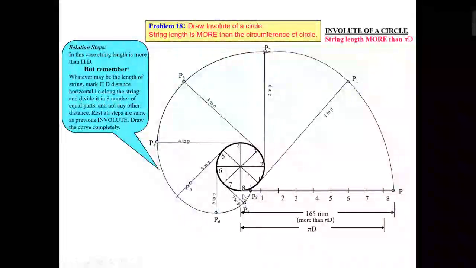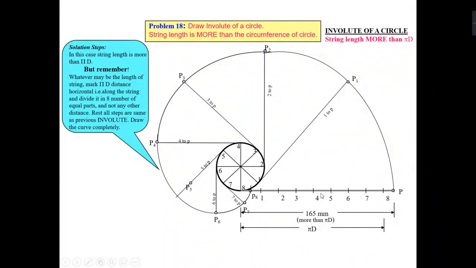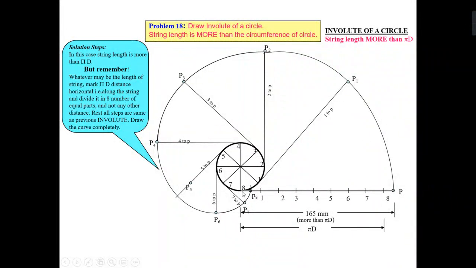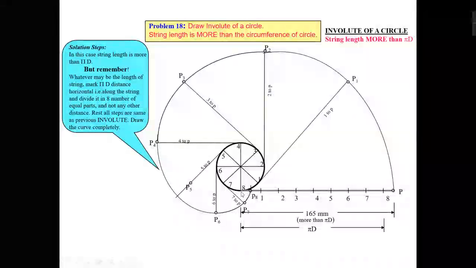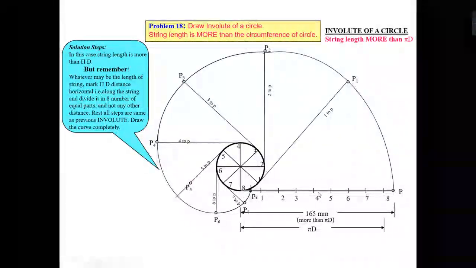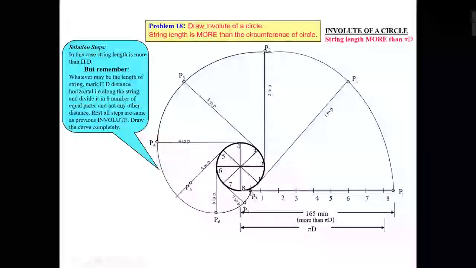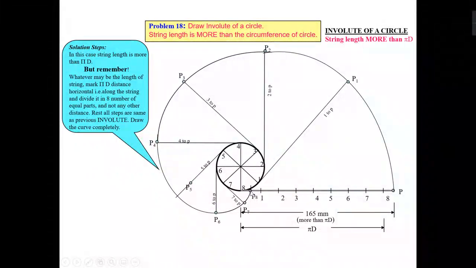At the end, on this line, when you are winding it, your point P will be somewhere here. So the remaining length will be nothing but 8P, right?